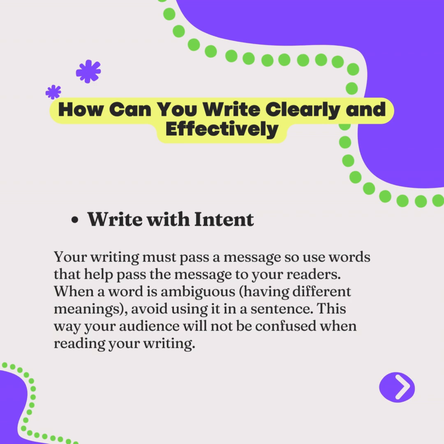So the main point is that you don't want to confuse your audience. That's what it means to write with intent. It must be something that passes information to them, something that reaches them and they are able to understand what you're writing and know that it's related to what they are asking for.